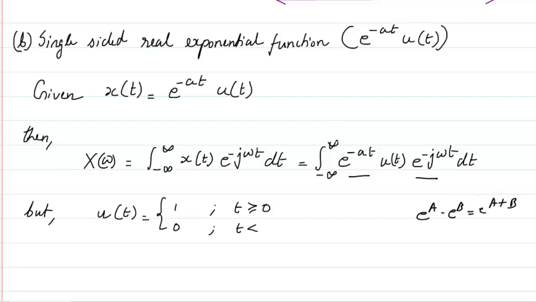So using this concept, I will join these two together. So you can see that I will get t common, and then a plus j omega.